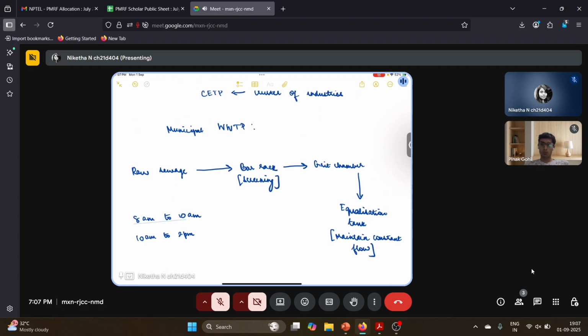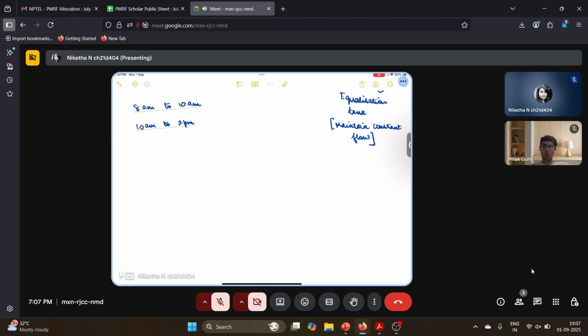Now, these three steps, which are screening, grit chamber, and equalization tank, come under pre-treatment or preliminary treatment. So preliminary treatment includes screening, grit chamber, and equalization tank. Then we go for primary treatment.